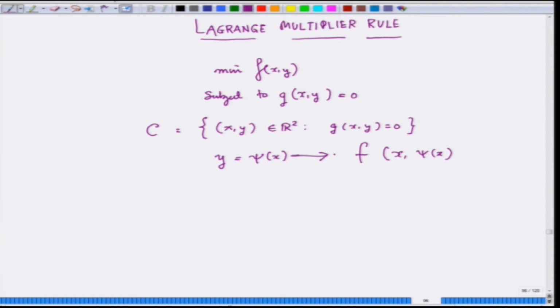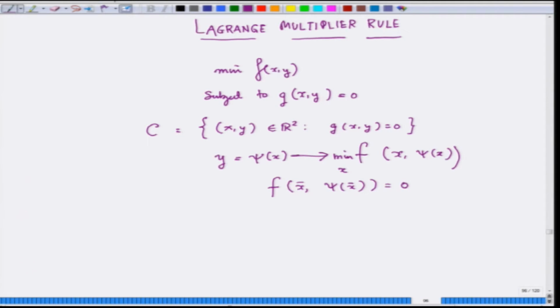Now your original problem becomes to minimize this over only x, and it becomes an unconstrained optimization problem. First compute a point x bar which satisfies the first order condition, and check by the standard second order condition whether this x bar is a minimizer of this function.